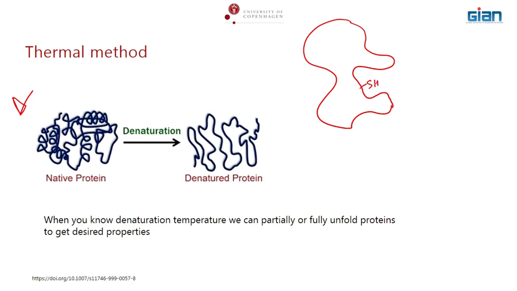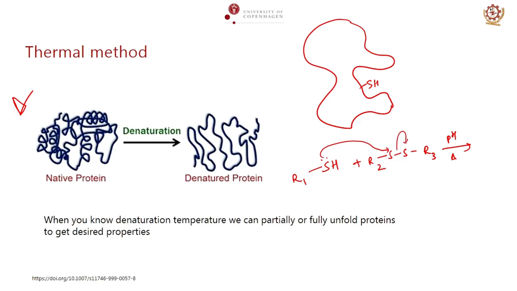Now, I will write one chemical reaction. This is a thiol group plus a disulfide group, right? I'll write it as R1, R2, R3. When they come together, with a little bit of alkali pH usually, heat is not required, but heat will accelerate this reaction. So when a small amount of heat is there, we have a reaction called thiol-disulfide exchange reaction.